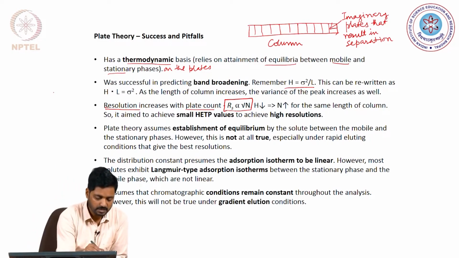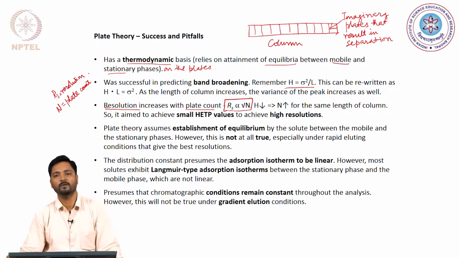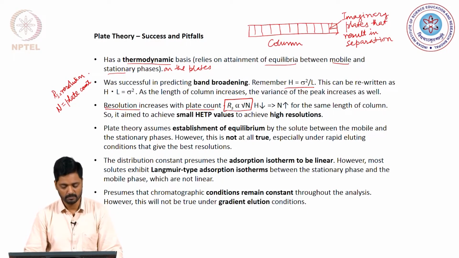So, Rs is resolution and n is the plate count, or the number of plates present in the chromatographic column.